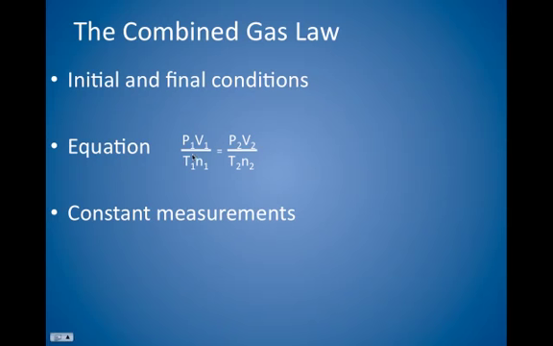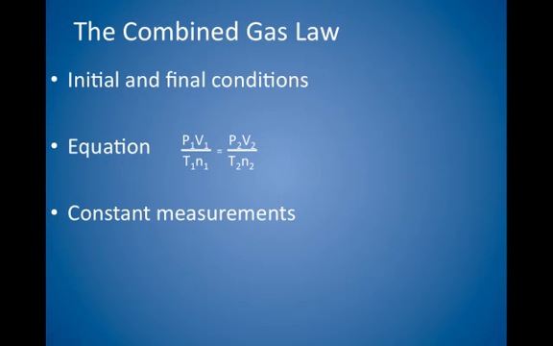If it was 25 degrees on this side and 25 degrees on this side, you can just cancel them out. If you have the same value on each side, it can be canceled. Then you'd be left with P times V over N equals P times V over N. Any of these measurements that are held constant can be canceled out, and that simplifies the equation.